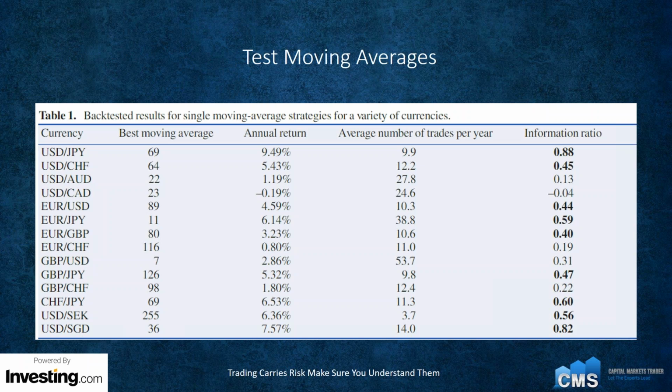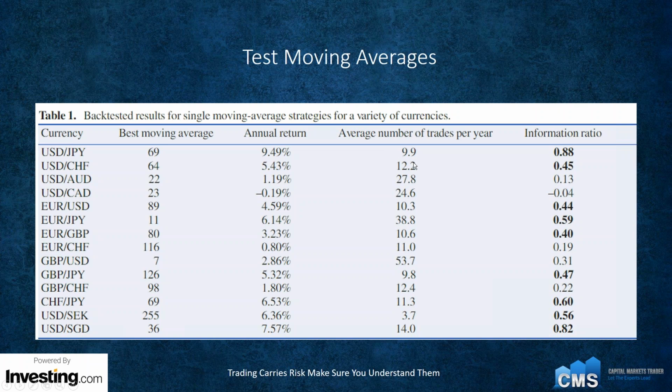Okay. So let's take a look at this. If you simply traded these currencies when they were moving in trends, you could calculate what you would have made, and this is what our tabulation came out to. A 69-day moving average for the USD JPY was the most effective, and it gave you an annual rate of return of 9.949%.